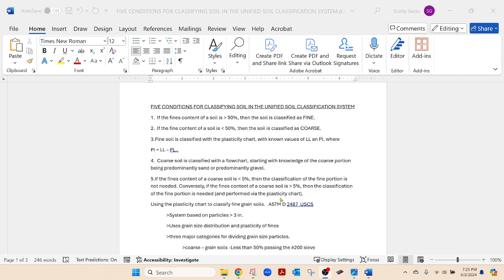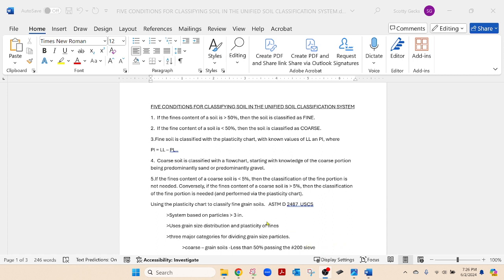The system itself, the Unified Soil Classification System, is based on particles that are less than 3 inch, using the grain size distribution and the chart and the plasticity of fines.